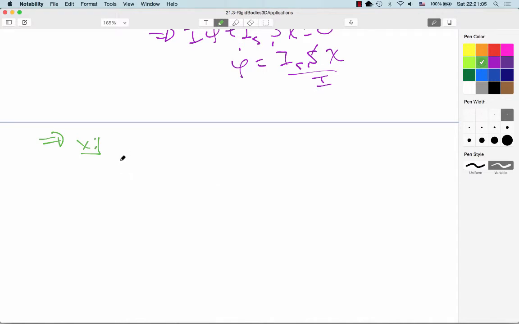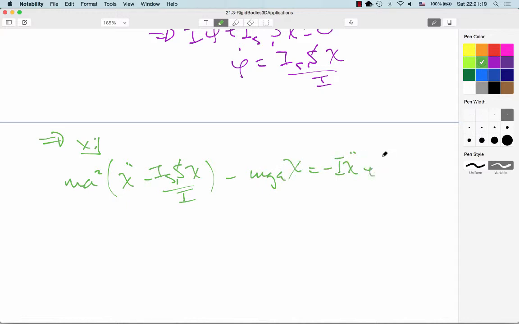So we'll have ma squared times chi double dot minus I_s s chi over I minus mga chi equals minus I chi double dot plus I_s squared s squared chi over I.